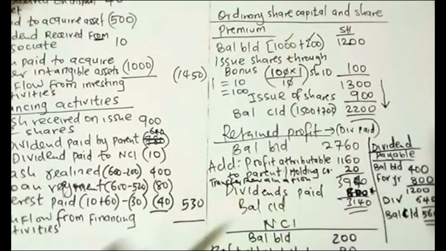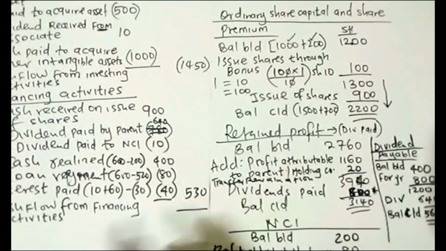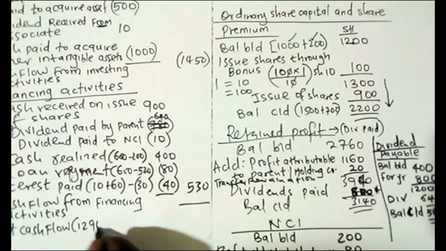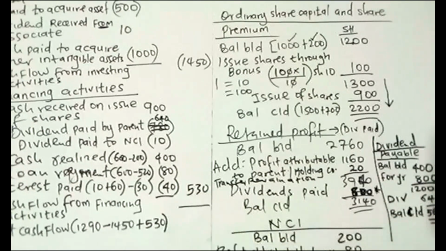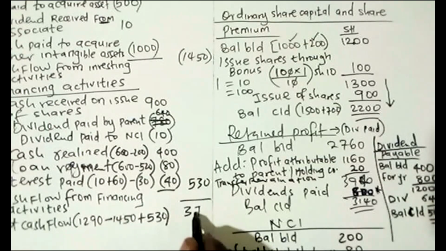To get the net cash flow, we have 1290 minus 1450 plus 530. So that is 370.